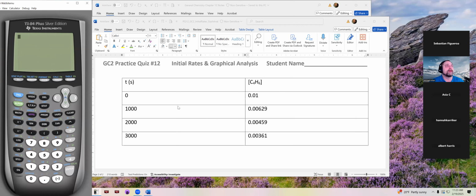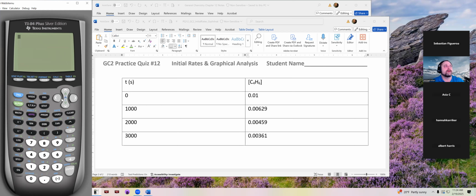Doing them in my calculator, I'm going to make sure that a couple of modes are on. First I'm going to go to mode, and I'm going to go all the way down till it says next. So it should have a next on your mode screen. I'm going to turn Stat Wizards on and Stat Diagnostics on, and both those should be on. For some reason, Stat Diagnostics defaults to off, so you have to make sure it's on.